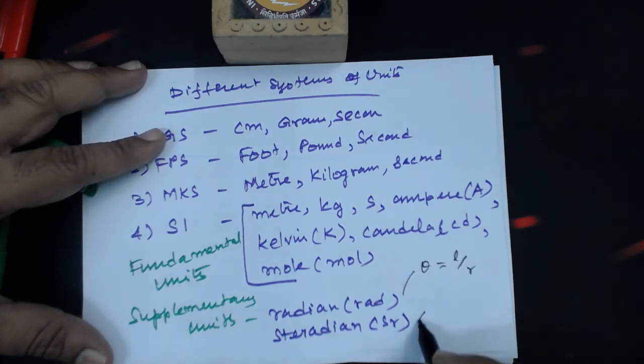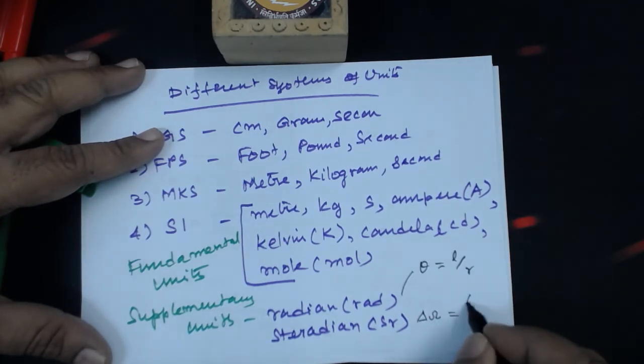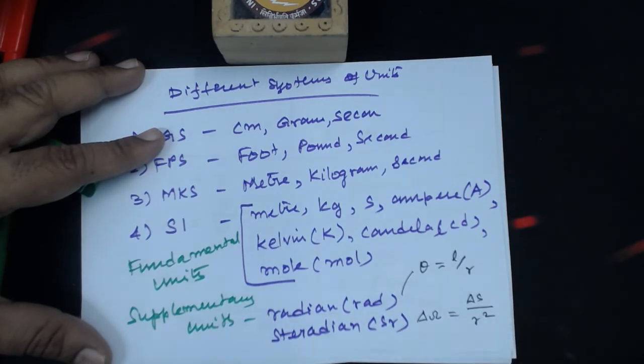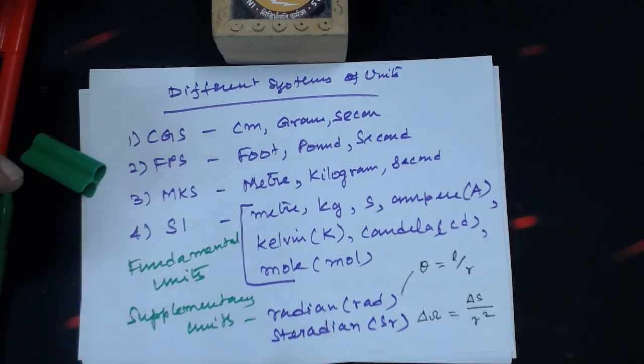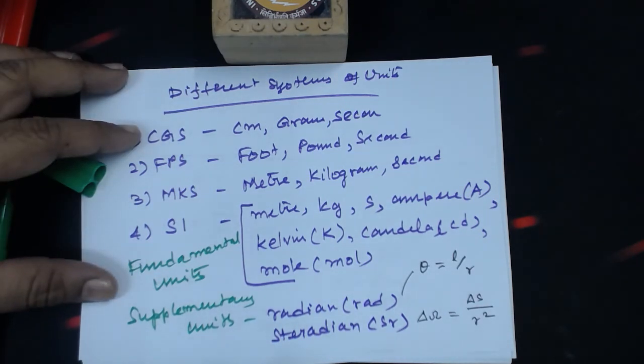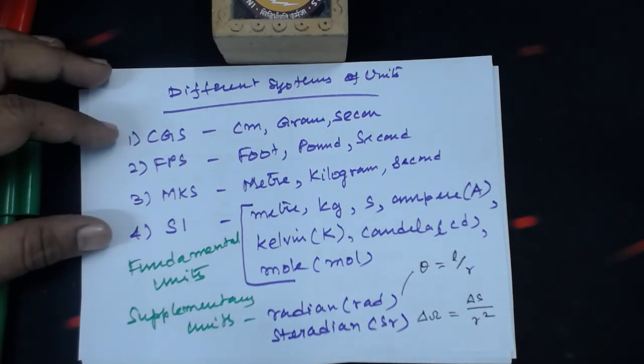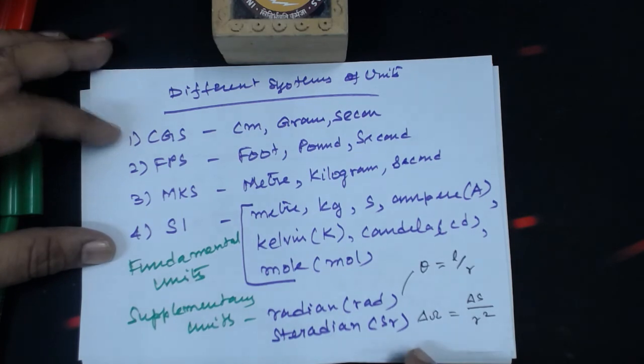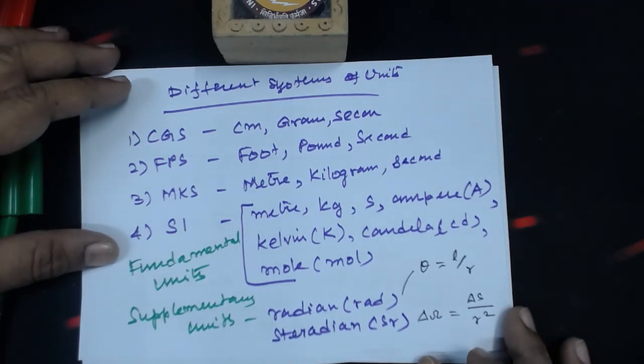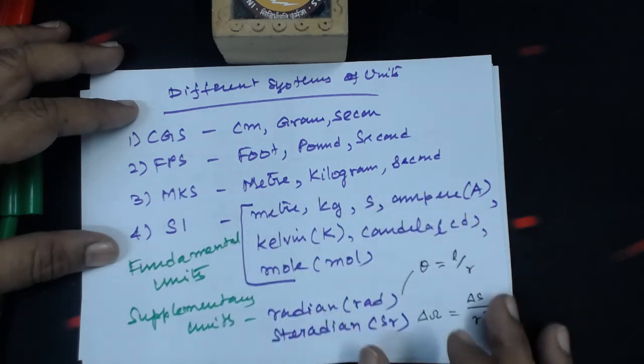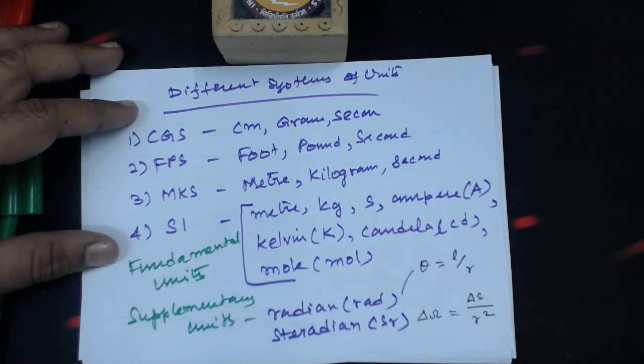So it can be represented as delta omega is equal to delta S divided by R squared, where delta S is the small surface area, you can say, divided by the square of the radius of the sphere. So this represents the solid angle. So likewise we have fundamental units and supplementary units.